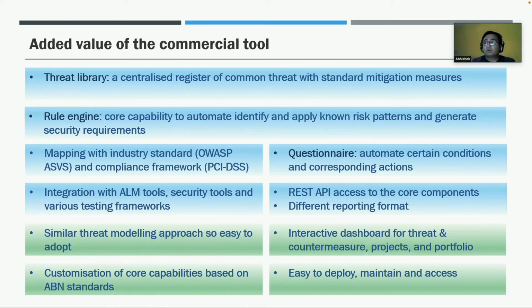You can also create your own questionnaire to assess a certain scenario associated with certain products, types of products or technology. So customization really helps you to fine-tune the tool according to your organization, right? And yeah, it was easy to deploy, maintain, and access.